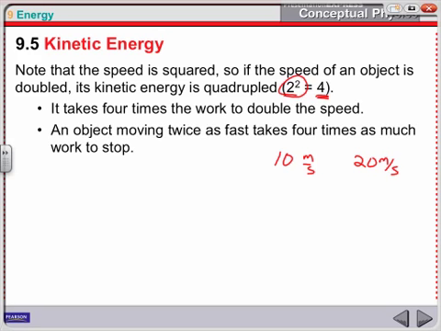I've actually got 4 times the amount of kinetic energy. So I would have to put in a lot more work. I don't just double the amount of energy I put into it, I double more, which is why you don't get as good gas mileage the faster you go, because it takes more energy to keep it going that fast.